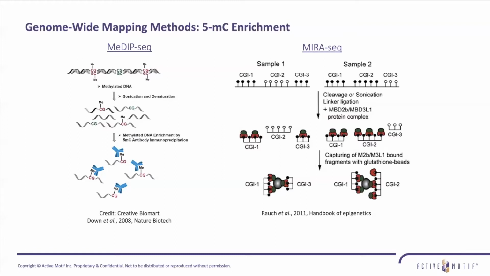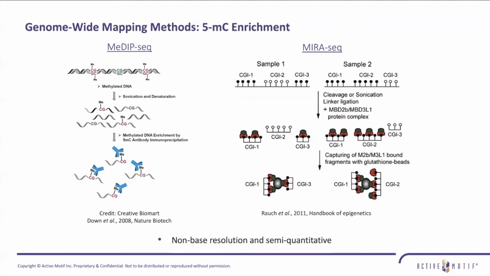These are great methods because they're relatively easy to do. But a few caveats are that they're non-base resolution methods. Usually the resolution is about the size of the fragmented DNA. So if you have a library at 300 base pairs, for instance, you're going to have a resolution of 300 base pairs.